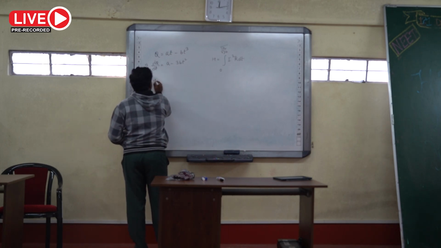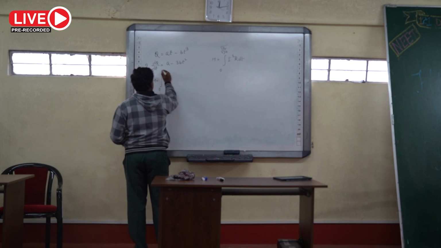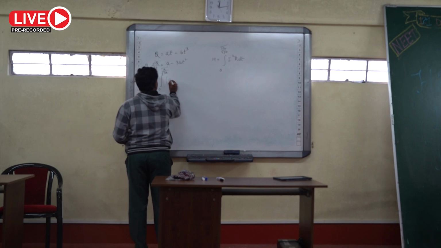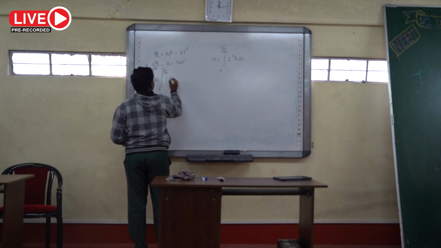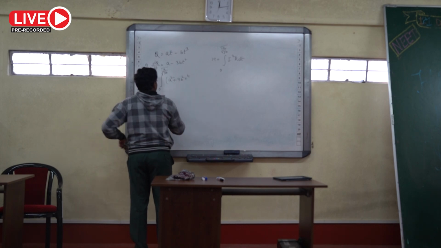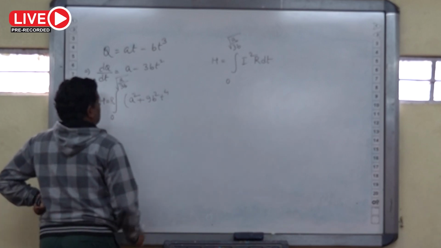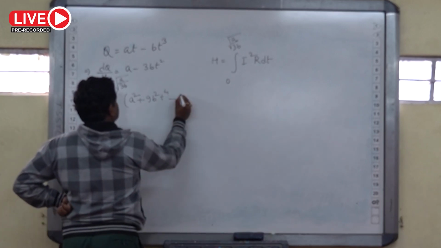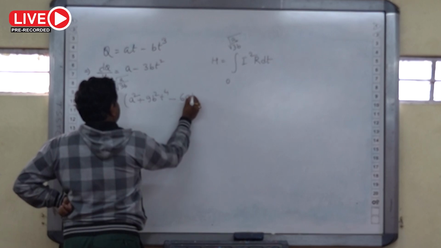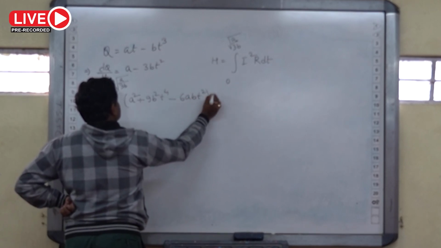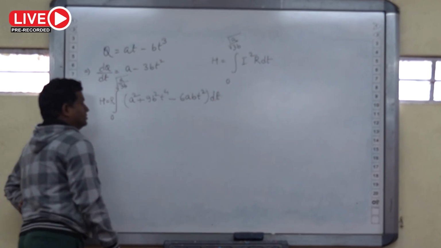So this H is coming, R is constant so taken out, and the integral from 0 to root of A by 3B of A square plus 9B square t to the power 4 minus 6AB t square dt.